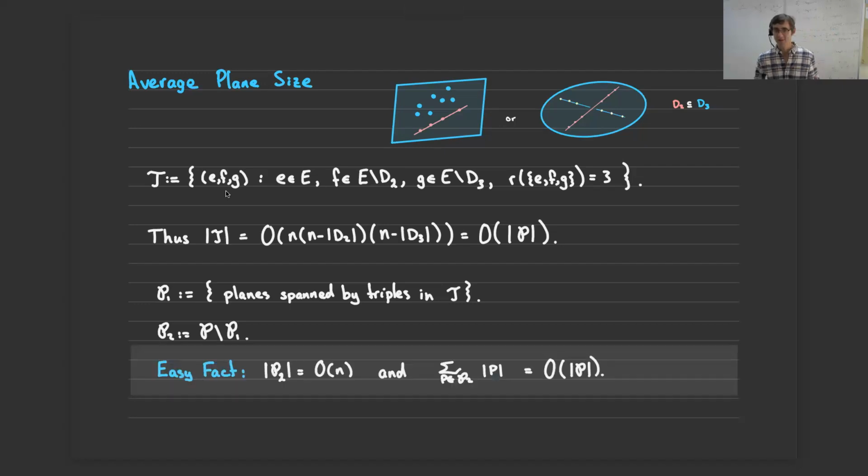For the special planes, there aren't too many of them. It's easy to prove that there's only linearly many of them. So for example, if you contain some fixed line, then there's clearly only linearly many of those because you only get to choose 1 point off that line to span the plane.